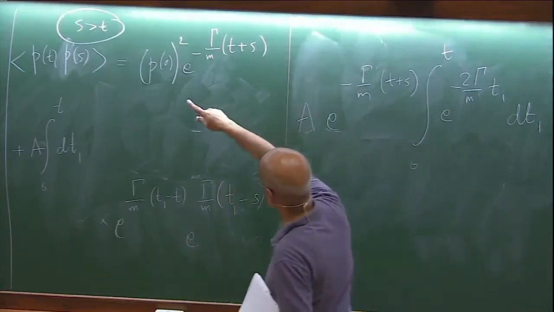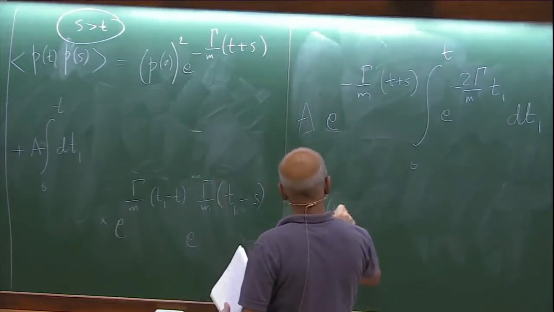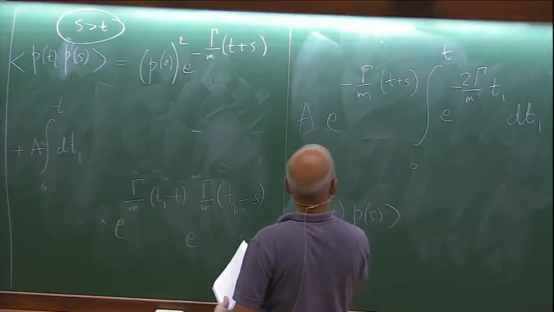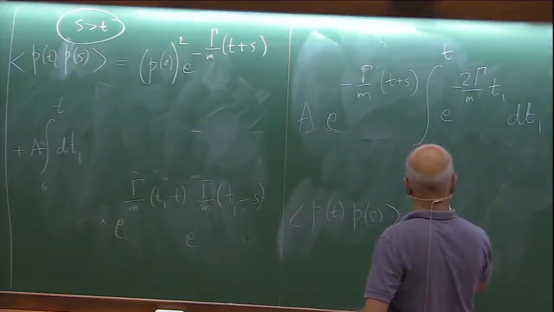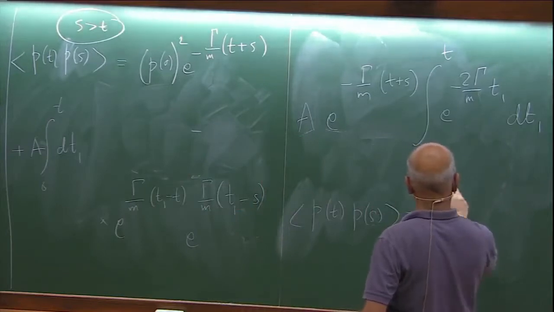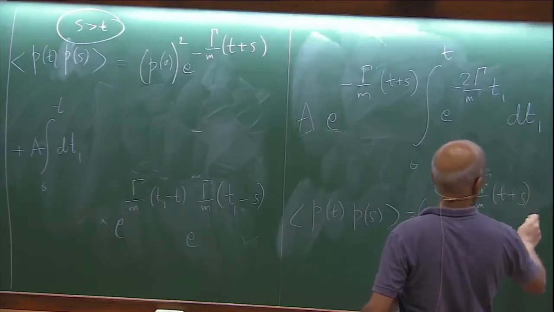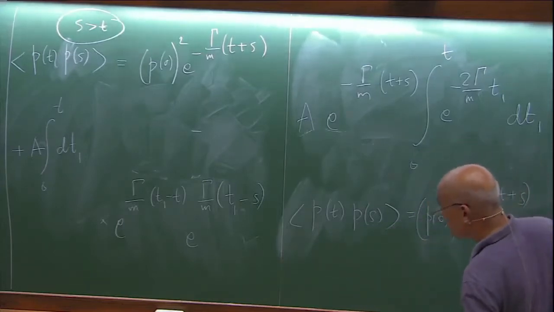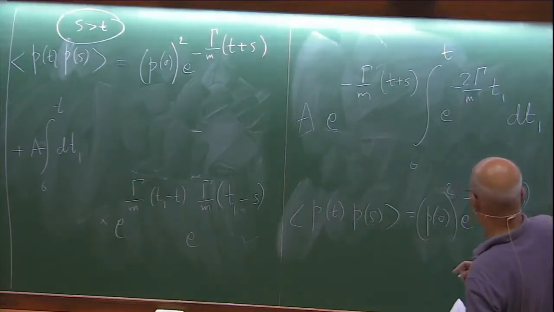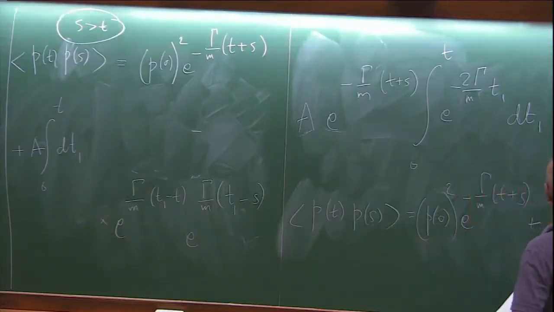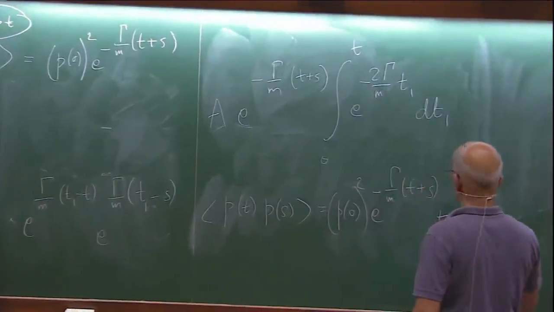So eventually what you will get will be this transient bit plus a, m over gamma, m over 2 gamma, right?